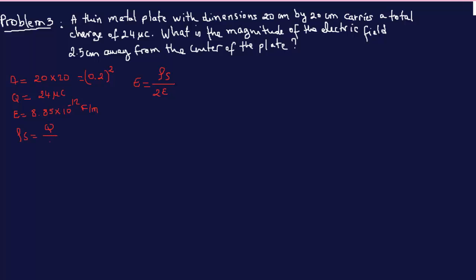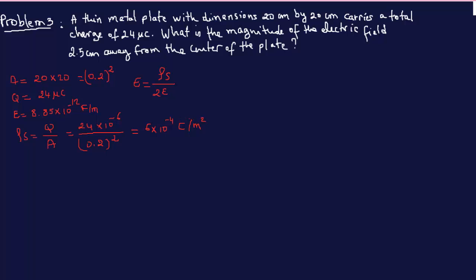Naturally the formula is Q over A. So rho S is Q over A. Q is 24 times 10 to the power minus 6, converted to coulombs, over the area, which is 0.2 squared. Using the calculator, this is 6 times 10 to the power minus 4 coulombs per meter squared.